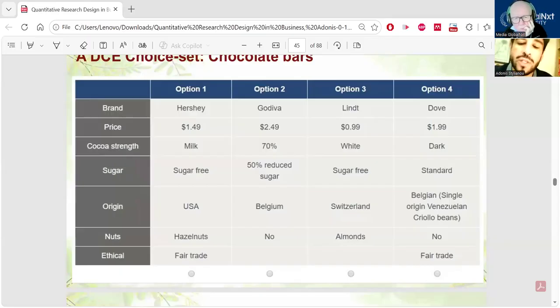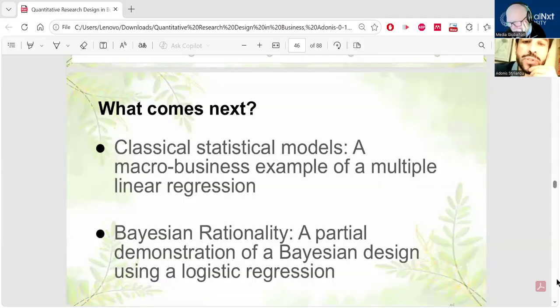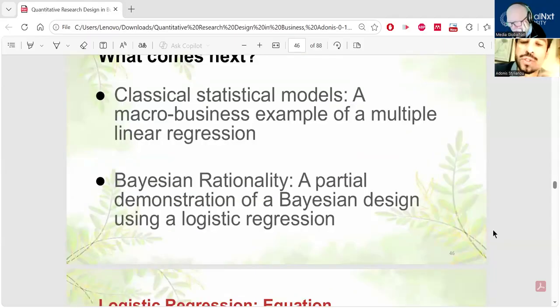Therefore, if you try to isolate those factors and ask people one at a time, you're not getting the whole picture. You're not getting the actual real-time picture. And this is exactly what you need. You need to approach the complexity of reality as much as possible. Now, when it comes to this aspect, we need to consider Bayesian rationality, because Bayesian rationality will help us for this discrete choice experiment.